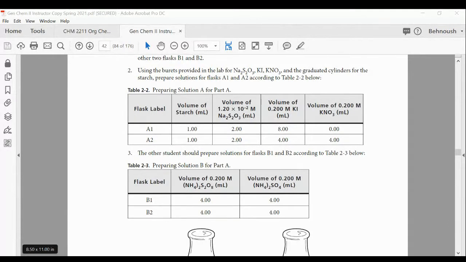Now, for trial 2, what changes for iodine? If you're trying to find the concentration for iodine, what changes on this page? Using the table, tell me what changes. Does the M1 change? No? Okay. 8 milliliters changes to what?